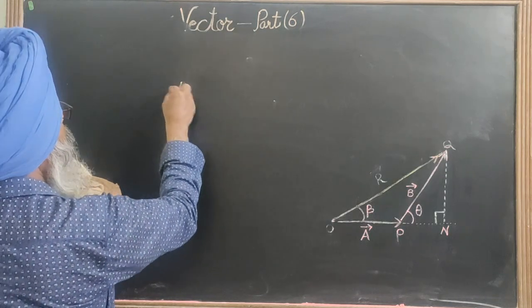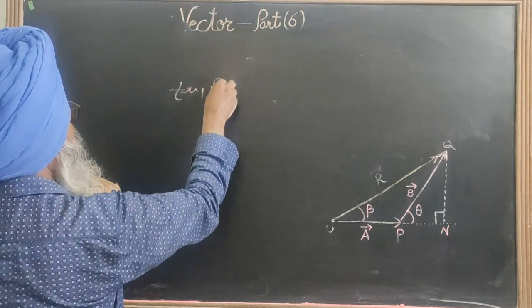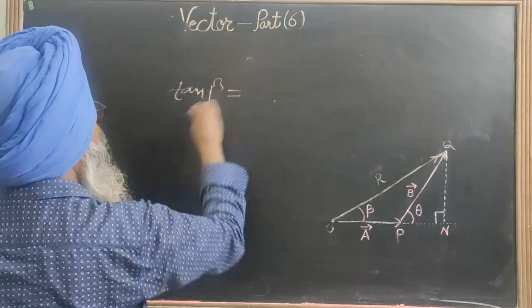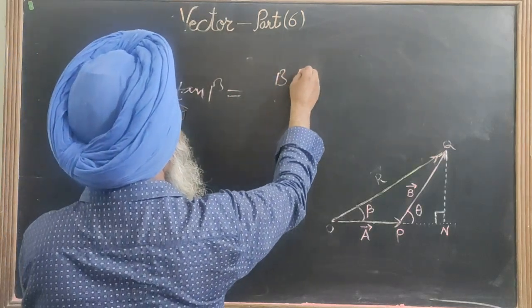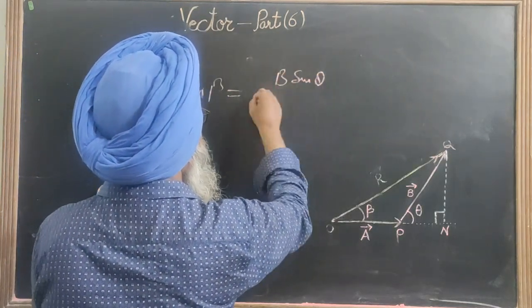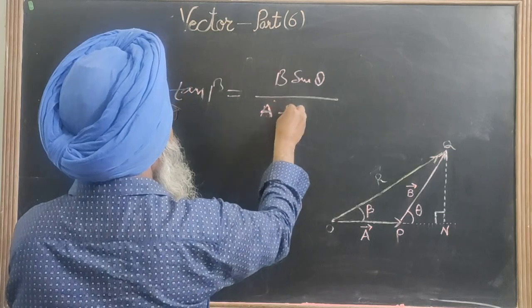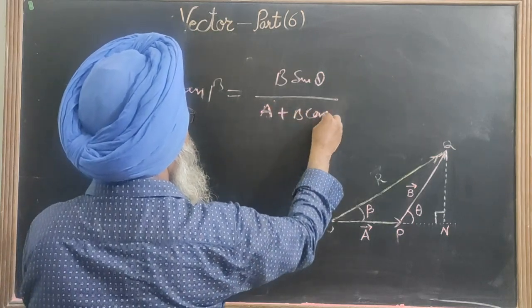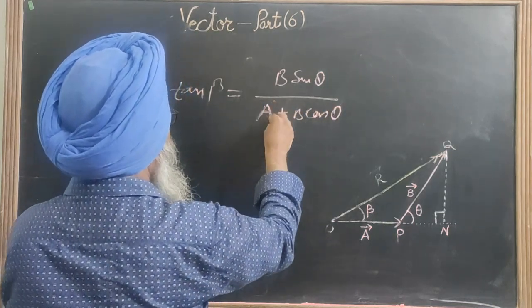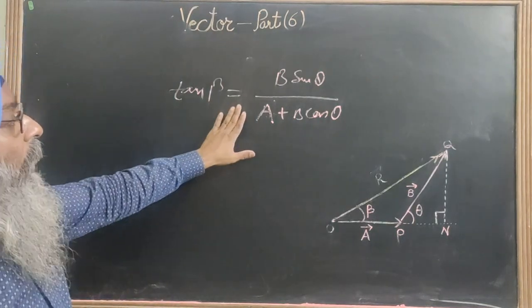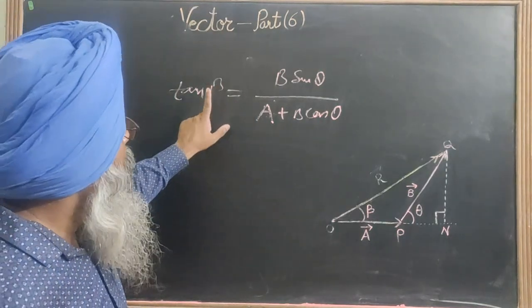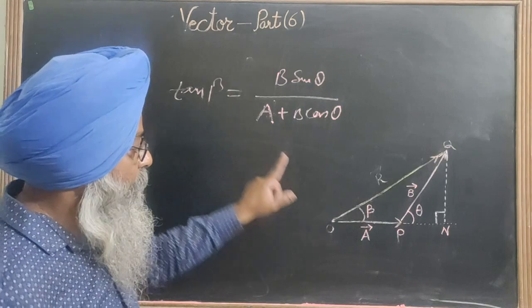Now one thing please keep in mind always, tan beta is equal to B sin theta over A plus B cos theta. Now how to learn this formula? Note that what is beta?